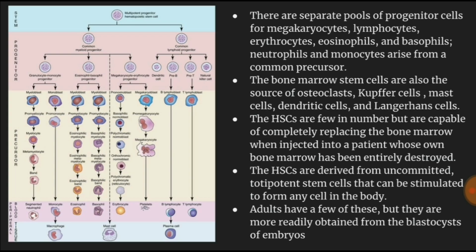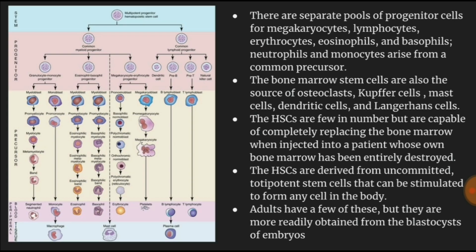Moving to the next point, which says adults have few of these, but they are more readily obtained from the blastocysts of the embryo. So what are blastocysts? This is the phase after the fertilization of the male and female gametes.